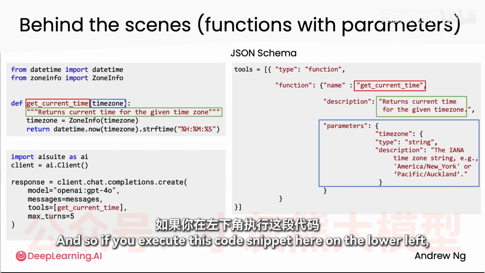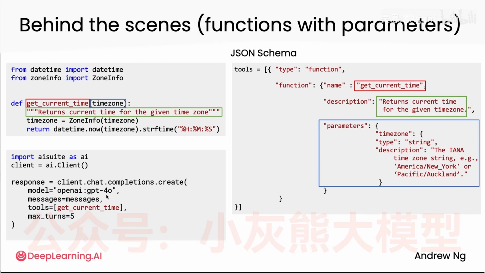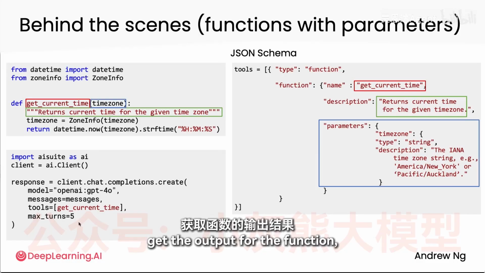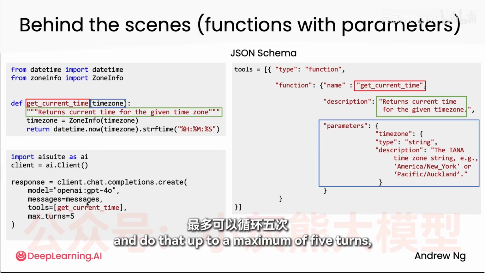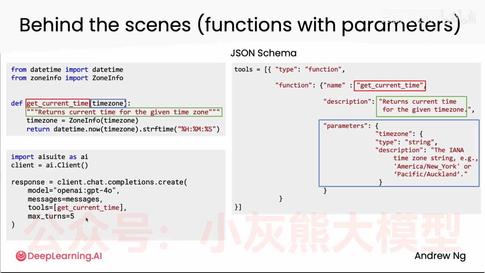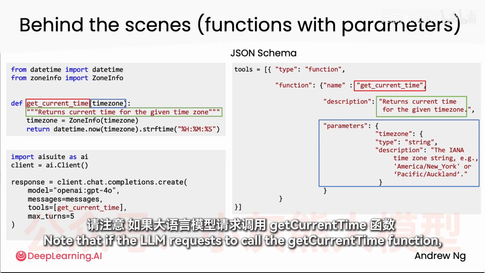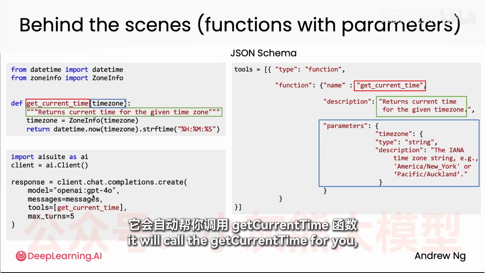And so if you execute this code snippet here on the lower left, it will use the OpenAI GPT-4o model, see if the LLM wants the function called, and if so, it'll call the function, get the output from the function, feed that back to the LLM, and do that up to a maximum of 5 turns, and then return the response. Note that if the LLM requests to call the get current time function, AI Suite, or this client, will call get current time for you.